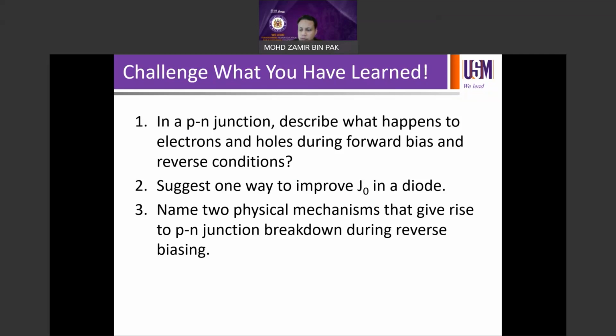How big is the reverse bias voltage required, for example, in order to cause a breakdown, and what other conditions are required in your diode in order to enable these conditions, okay? So these are the three main things, or the gist, of the previous topics, PN junction and the biasing, that you should be able to understand and describe before we move on to PN junction under illuminated condition.